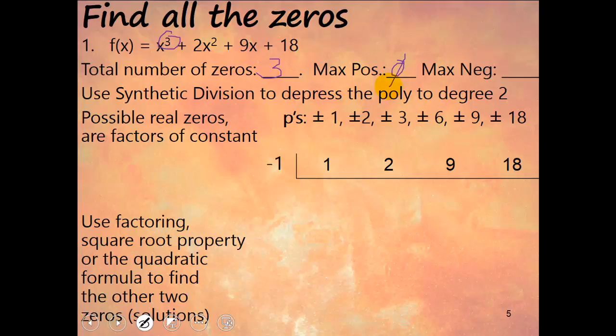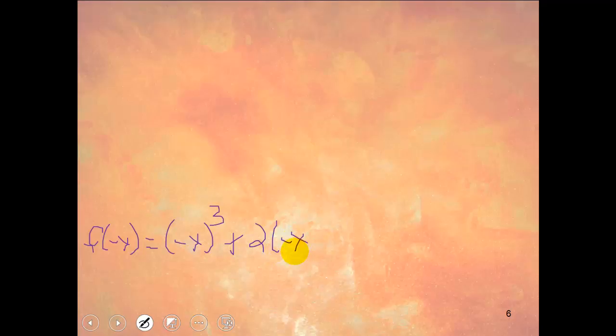And then for my negatives, I'm going to go to this next slide and plug in f of negative x for you, just so you can see it, and you get negative x cubed plus 2 times negative x squared plus 9 times negative x plus 18. If I cube negative x, I get negative x cubed.